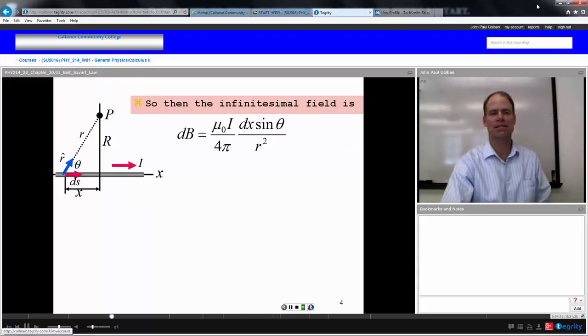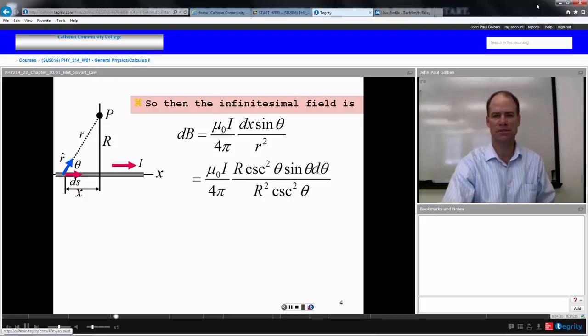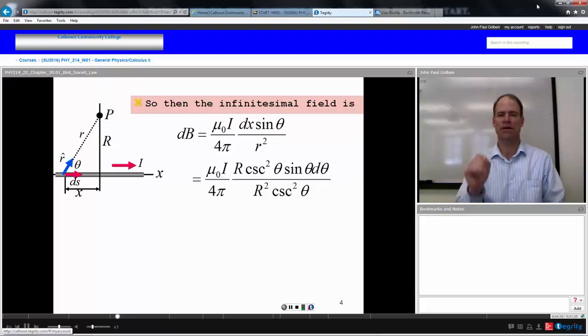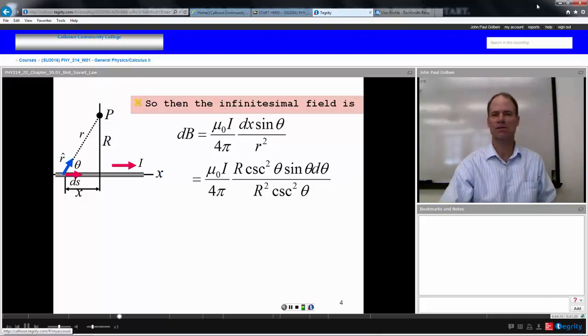So the infinitesimal field due to an infinitesimal piece of wire, ds, would be equal to mu naught I over 4 pi, dx sine theta over r squared. Let's make our substitutions. We have that the infinitesimal field at that point is mu naught I over 4 pi, R cosecant squared theta sine theta d theta over R squared cosecant squared theta. One of the R's cancels out.